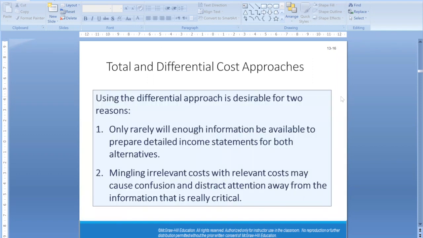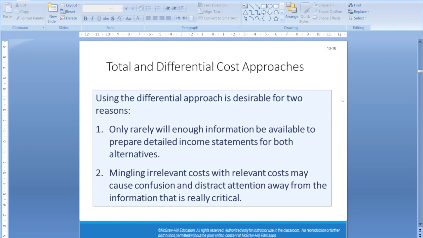Using the differential approach is desirable for two reasons. Only rarely will enough information be available to prepare detailed income statements for both alternatives, which means we can use these two numbers only, the differential, or the difference between the two situations. So we will include the costs and revenues that differ between the two alternatives.